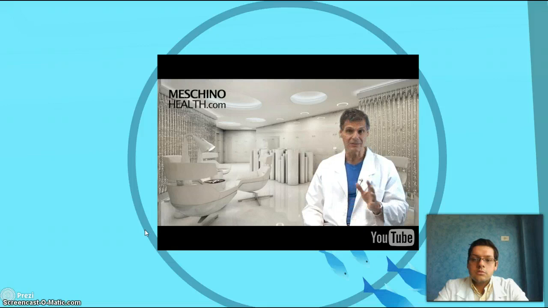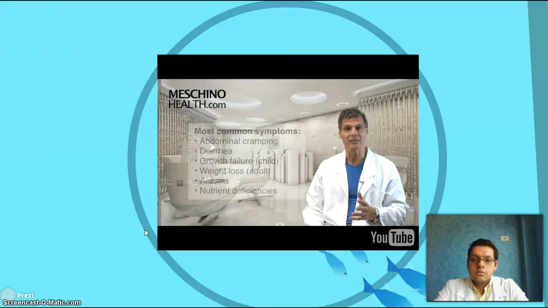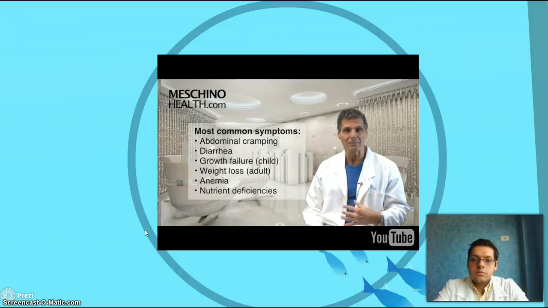They also get a range of other symptoms that are mild to severe. The most common symptoms that a person has are abdominal cramping and diarrhea. In a child, you'll see growth failure. They fail to thrive. In an adult, they'll start losing weight. And then because of iron deficiency and protein deficiency, they end up with anemia. Other signs of nutrient deficiencies can occur, and other symptoms as well.